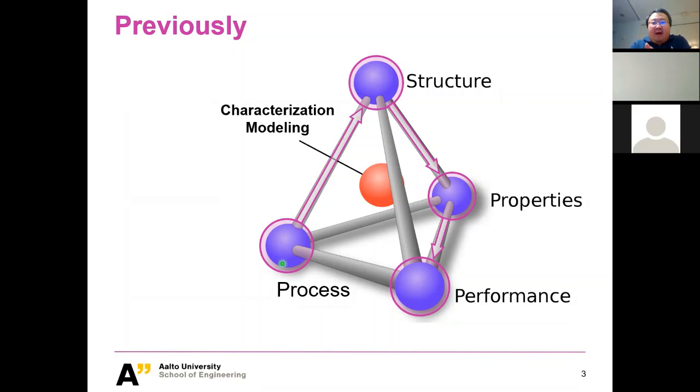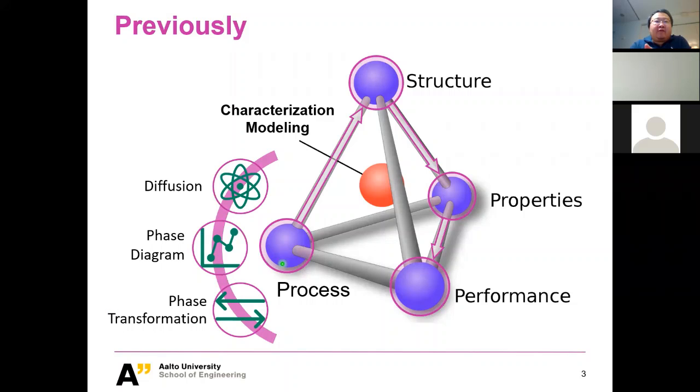Before we talk about process, especially the process in our lecture, you need to get 3 very basic pieces of knowledge. These are the tools for us to understand process. The first one is called diffusion.